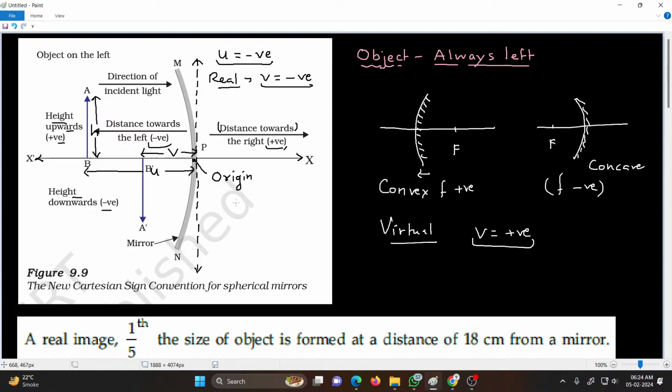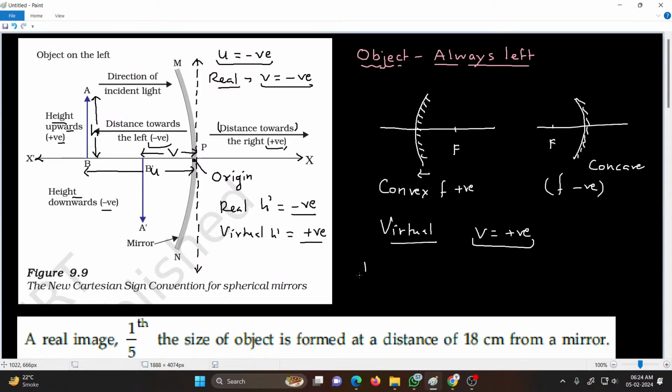For real images, image height h dash is negative because real images are always inverted, and for virtual images, h dash is positive because virtual images are generally erect. So these are the sign conventions that we follow when we do the calculations for spherical mirrors.